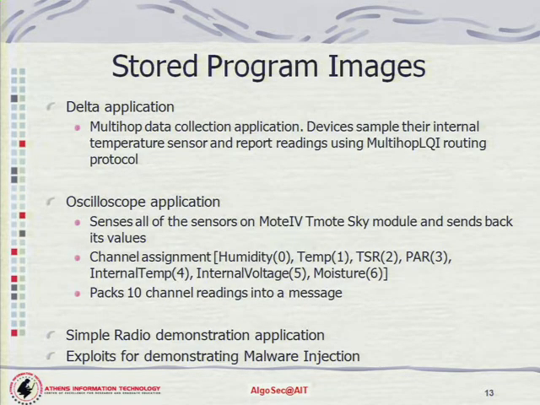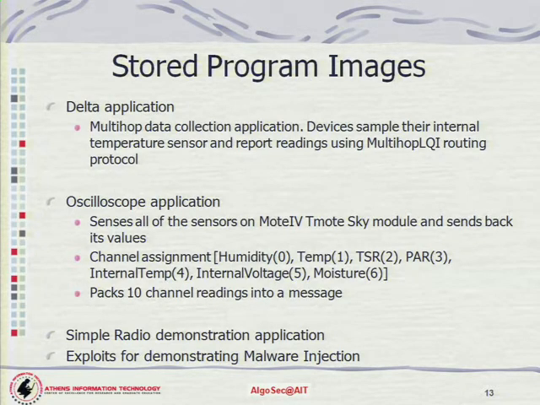Now, the applications stored on these sensor nodes are again really simple, but widely used in universities for research. The first one is called Delta, and it's a multi-hop data collection application. Devices sample their internal temperature sensor and send back the reading to the base station through a multi-hop routing path.